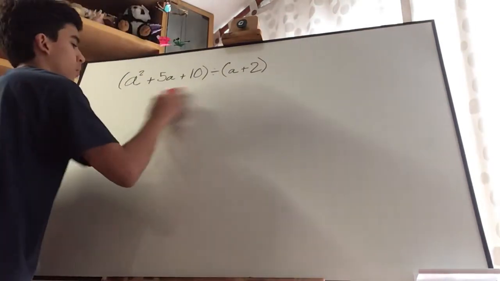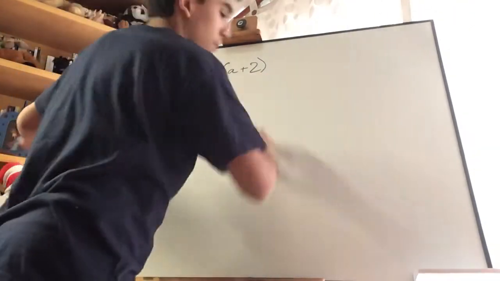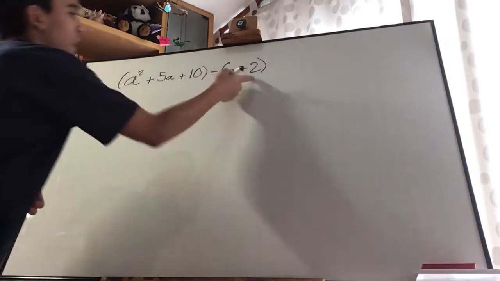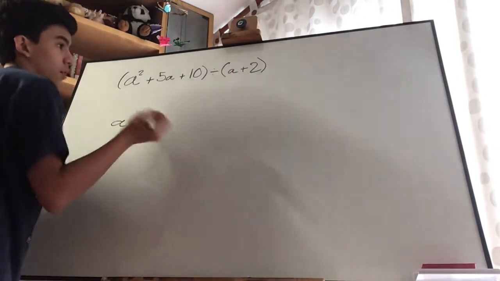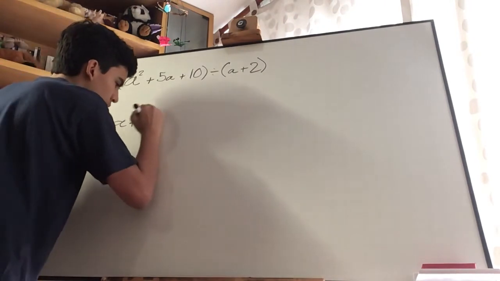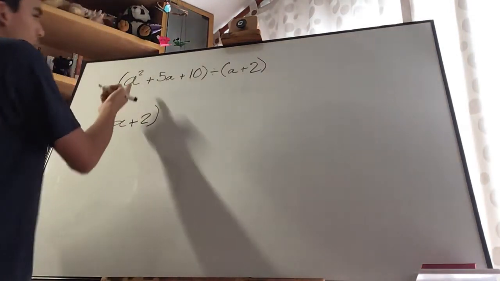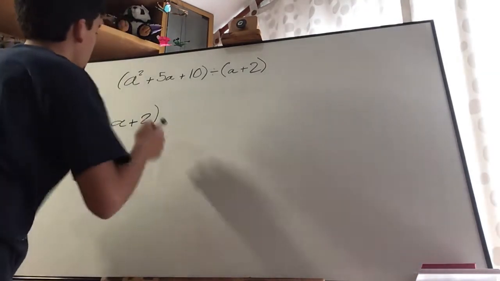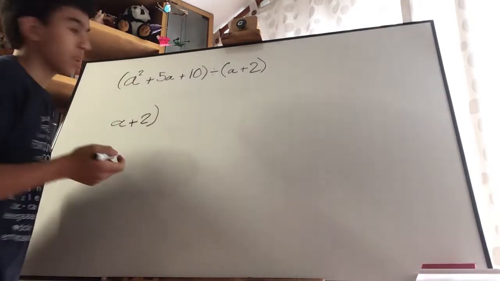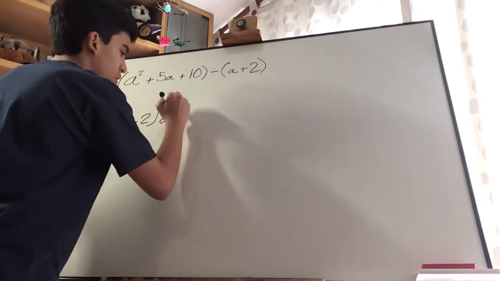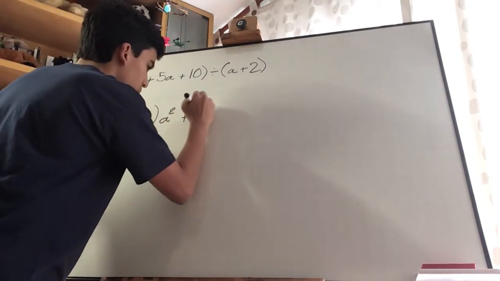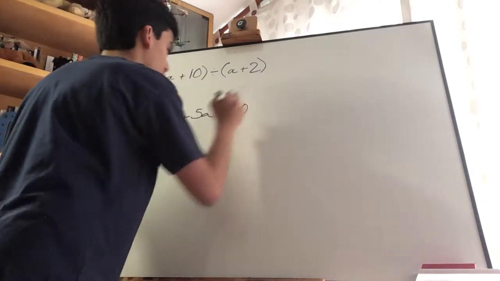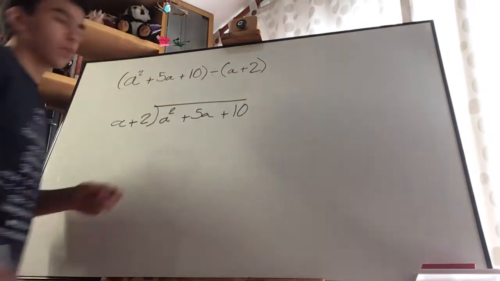So what we have to do is put a plus 2 over here outside the box, and we put this first number inside the house. I'm going to call it house. So we say a squared plus 5a plus 10. That is our exercise.